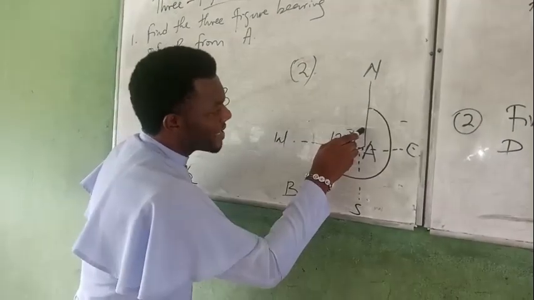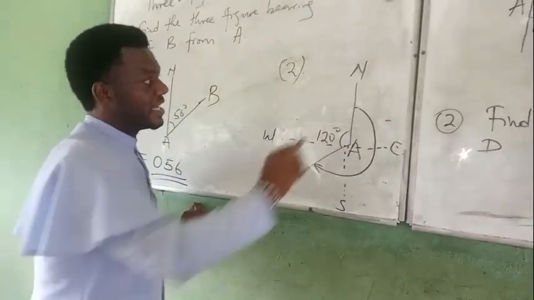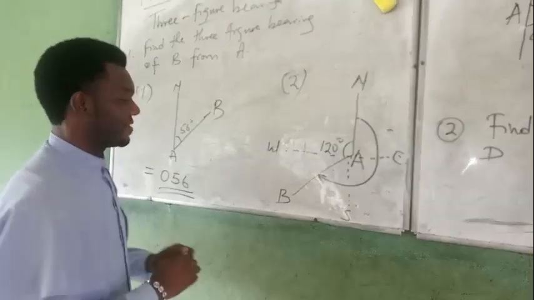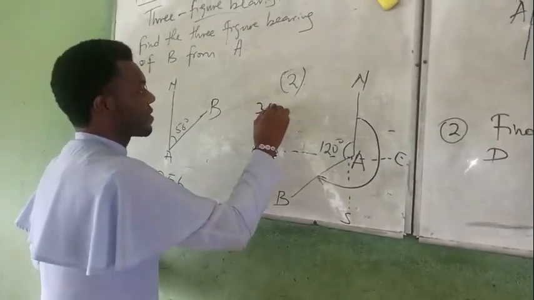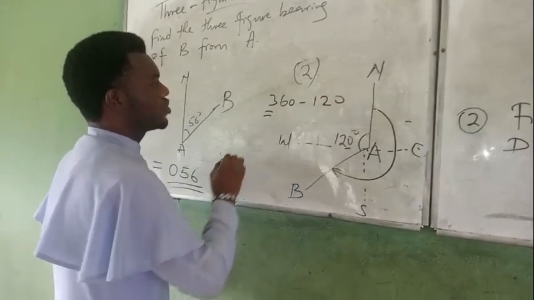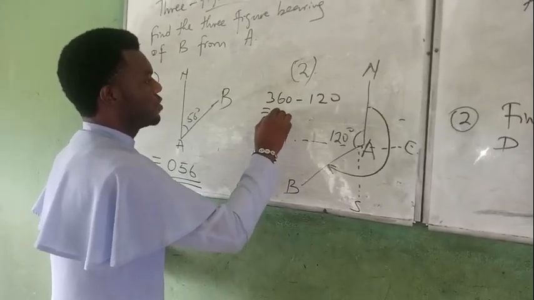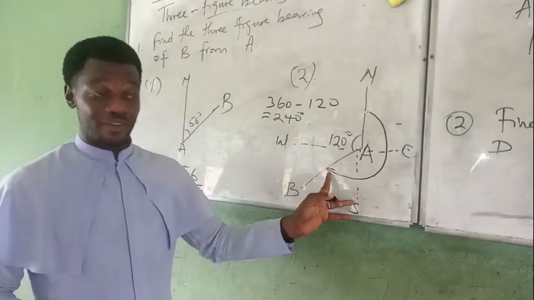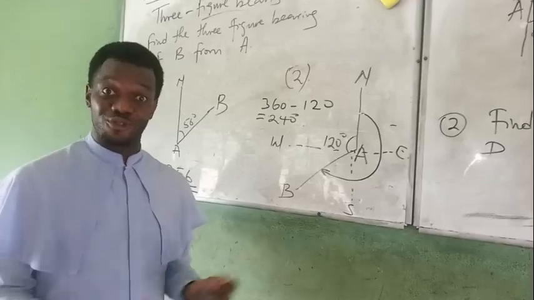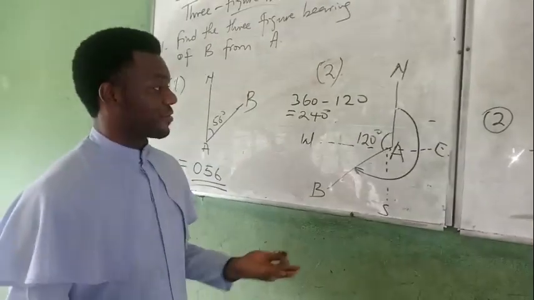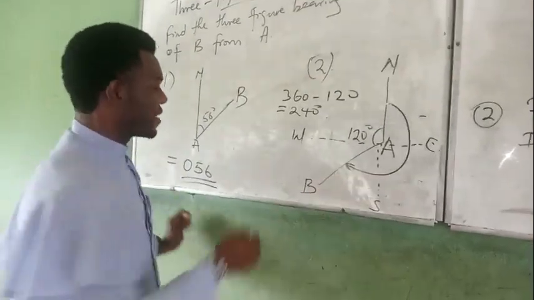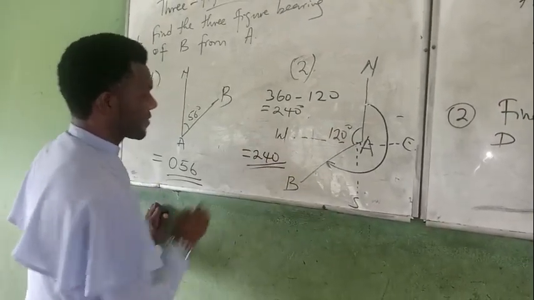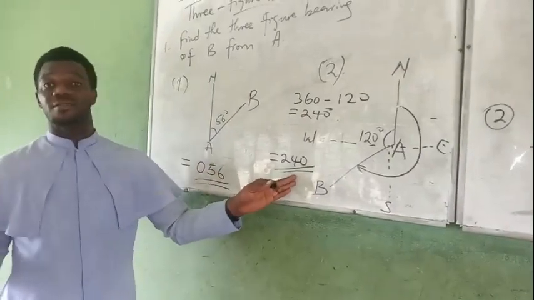So if we are given from here to here as 120, it means that from here to here will be 360 minus 120, which will give us 240 degrees. So from here to here is 240, and from here to here 120, add up to 360 degrees. So our answer now will be 240. That's the answer, 240 degrees.